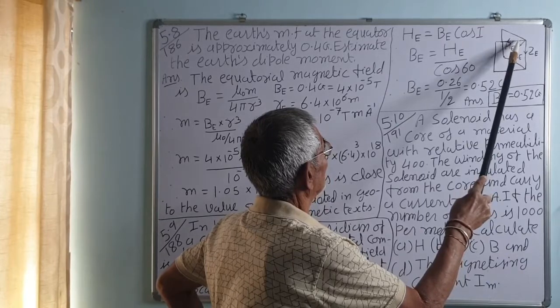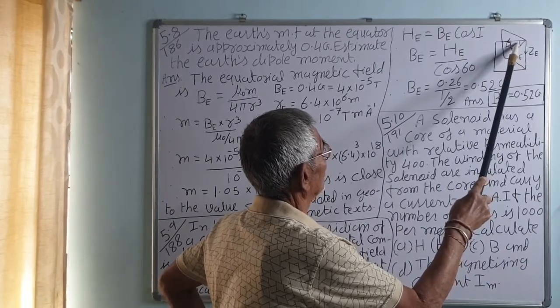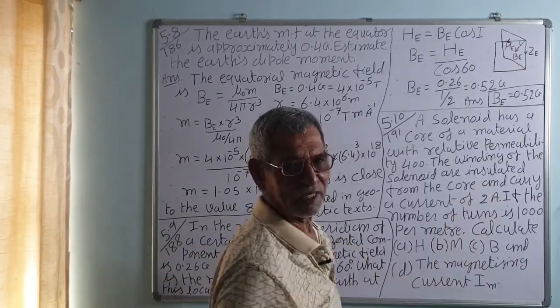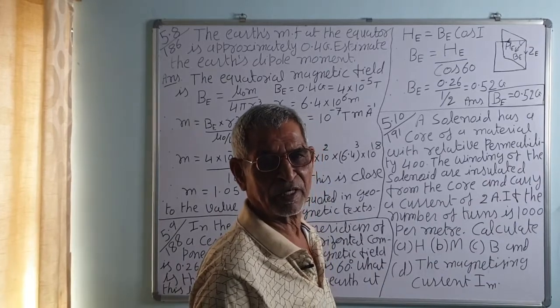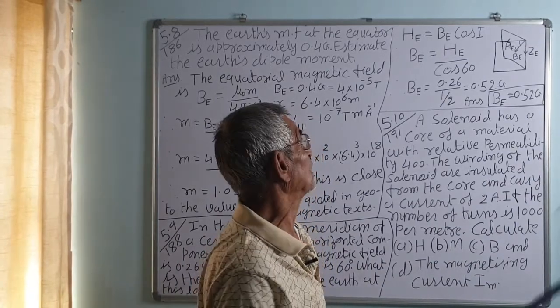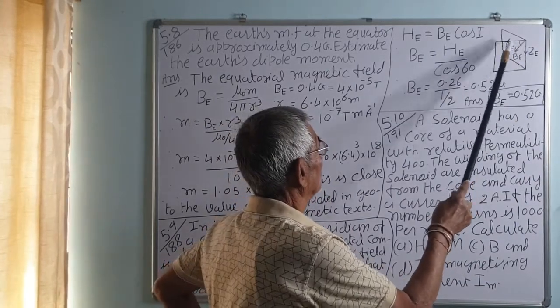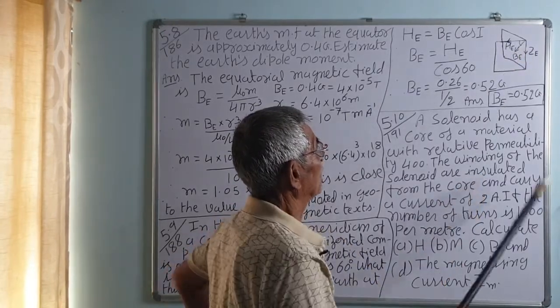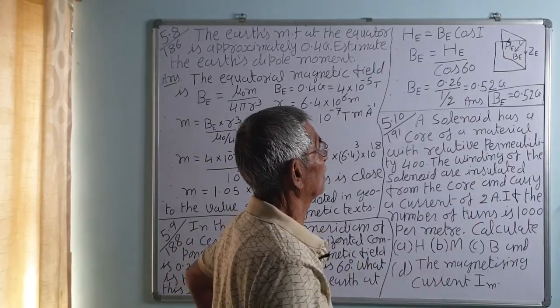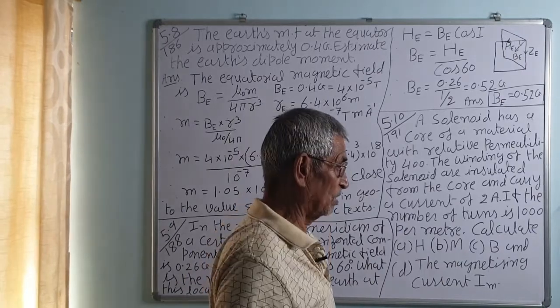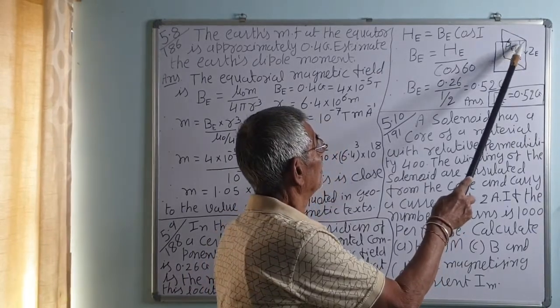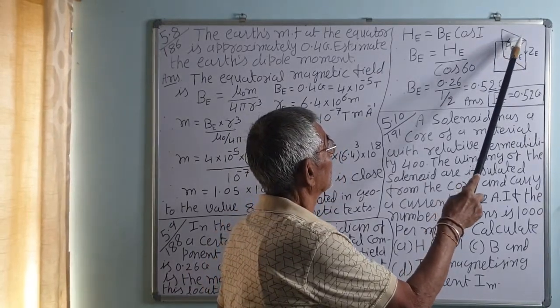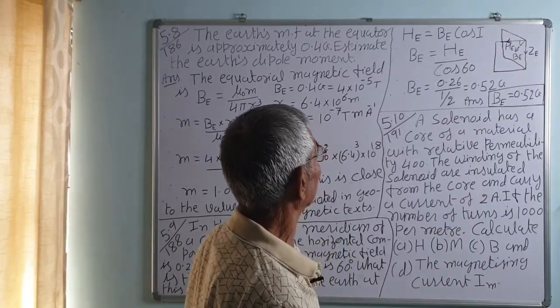Declination is this, and inclination is the angle made by the earth's magnetic field at that place with the horizontal. So this is the horizontal and this is the magnetic field direction, and this is the inclination angle. Remember, inclination is the dip, but declination is not the dip, correct.